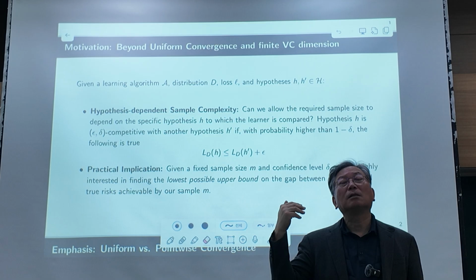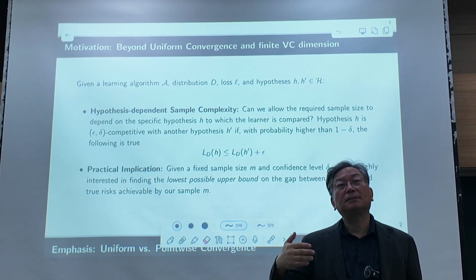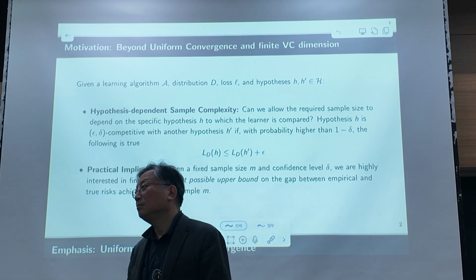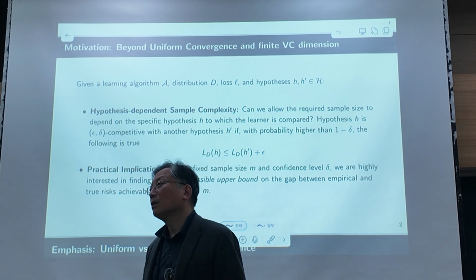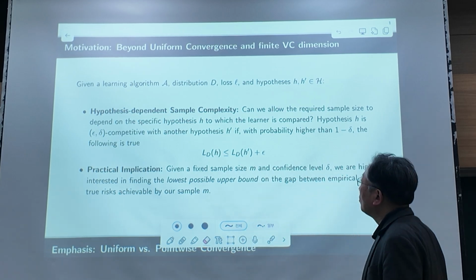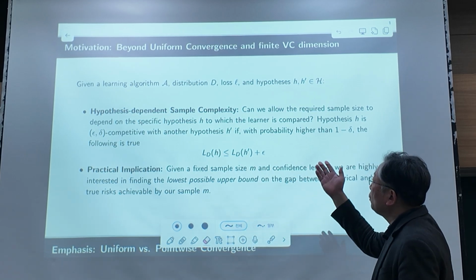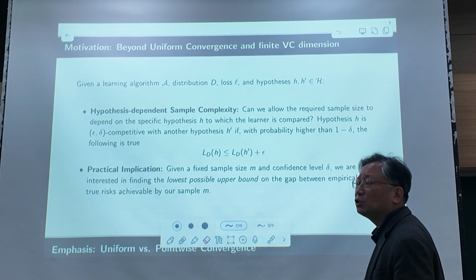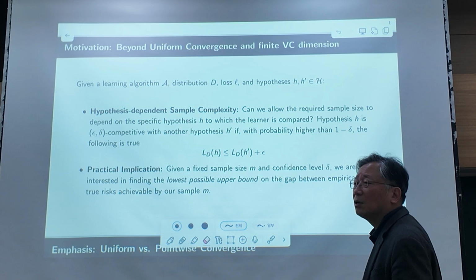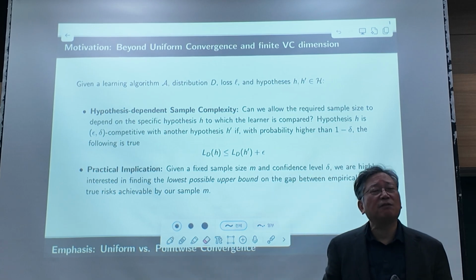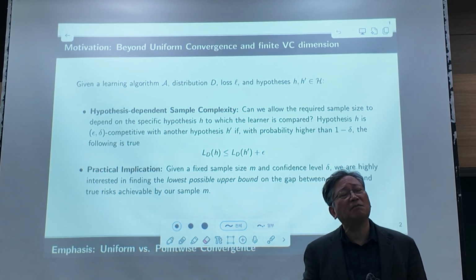Now the sample complexity is a function of epsilon, delta, and the hypothesis. This goes beyond uniform convergence and finite VC dimension. Many of our classifiers may not have finite VC dimension.